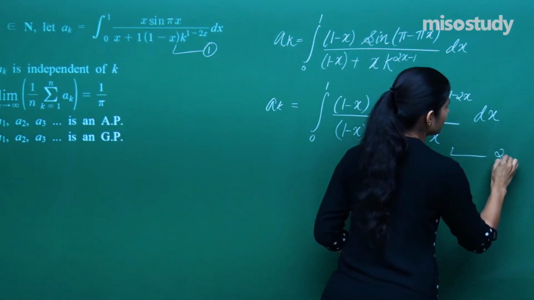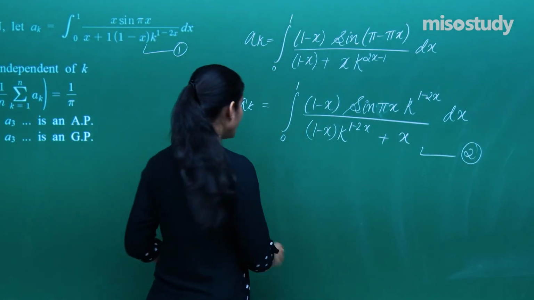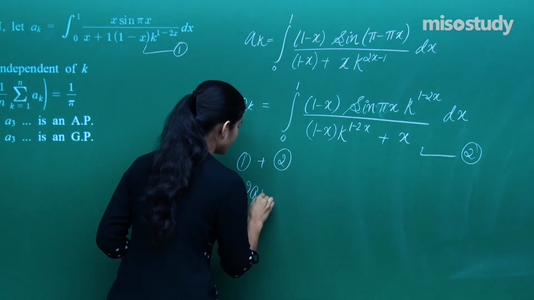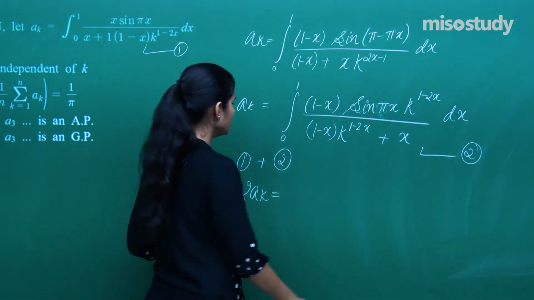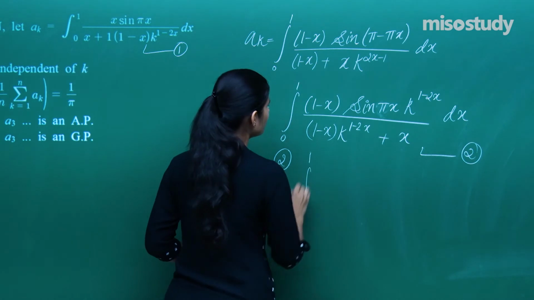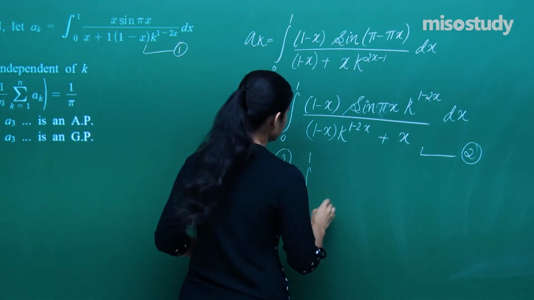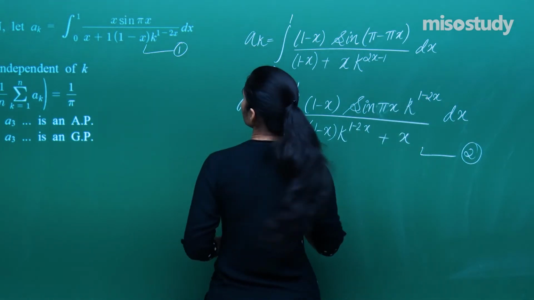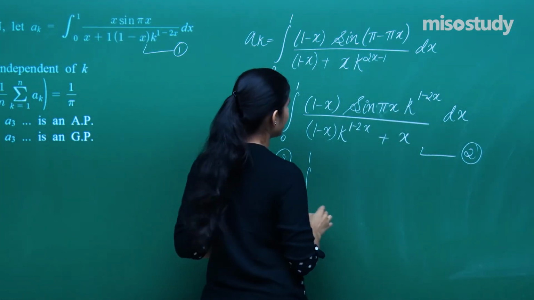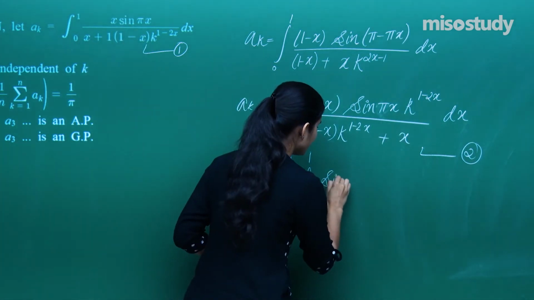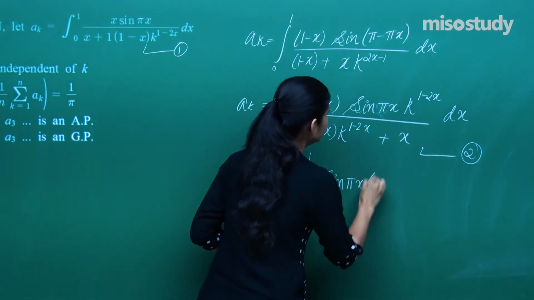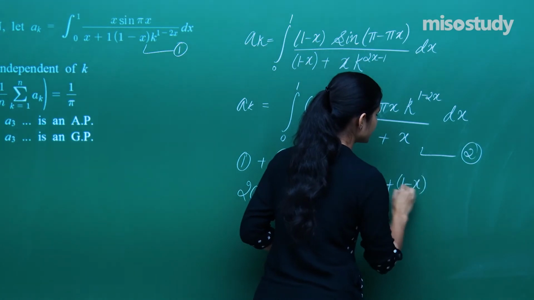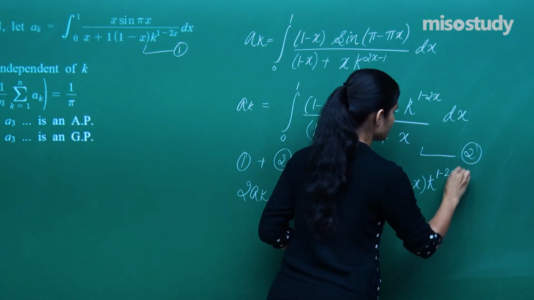Take this as 2. Now add 1 and 2. You get twice of ak is what? Twice of ak is integral 0 to 1, see, what is it? 1 minus x sine pi x, k to the power 1 minus 2x plus x sine pi x. So you basically get sine pi x common. Inside you have x plus 1 minus x into k to the power 1 minus 2x.